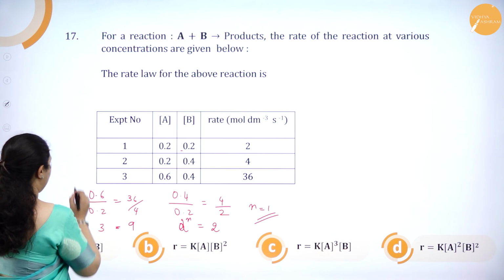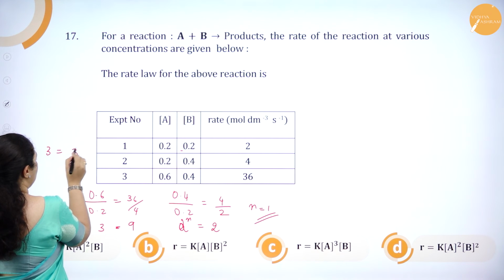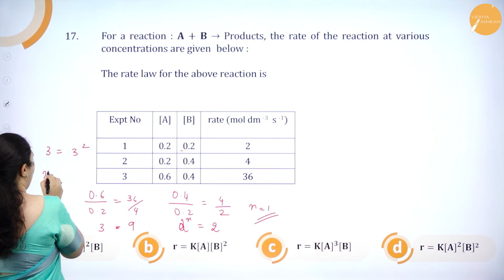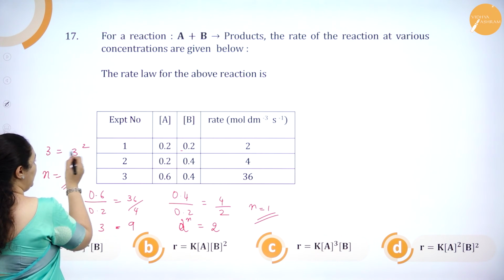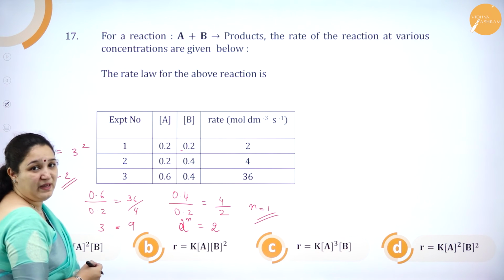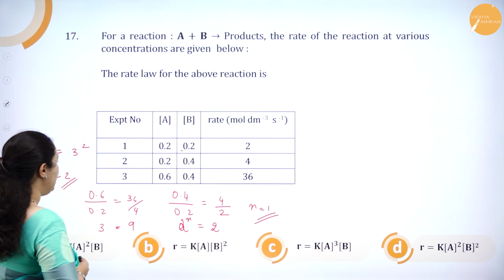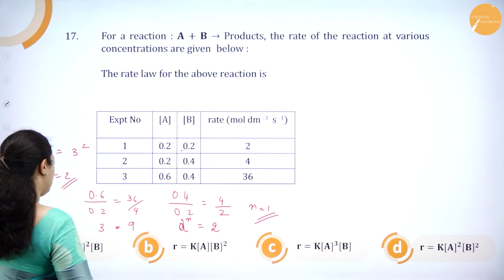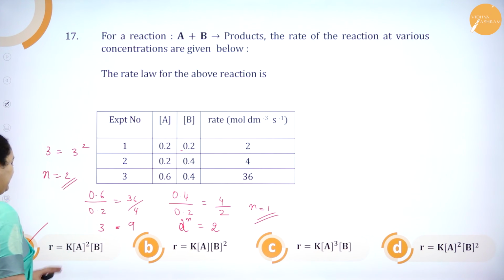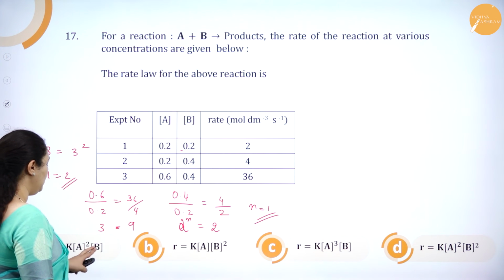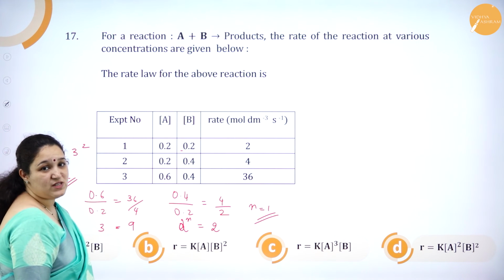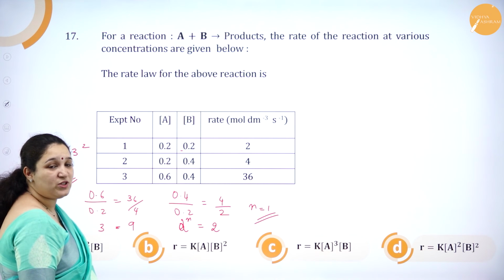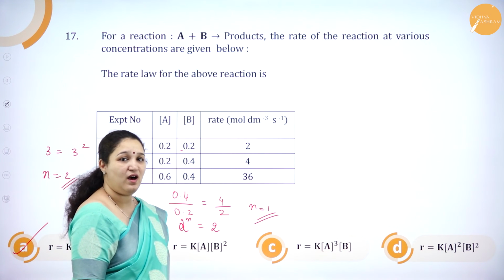So how do I relate this? 9 is equal to 3 square, so n is equal to 2. That is 3 into 3 is 9. That means with respect to A it is second order, and with respect to B it is a first order reaction. So option A is the correct answer.